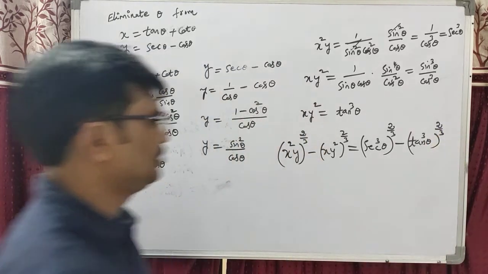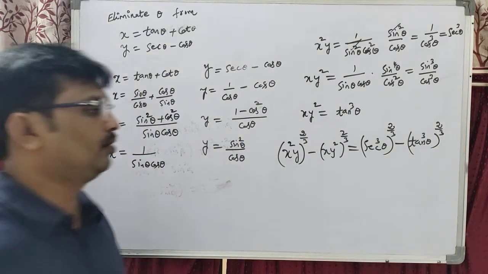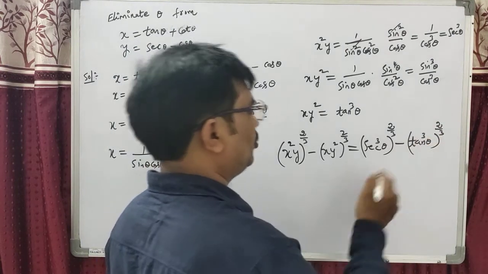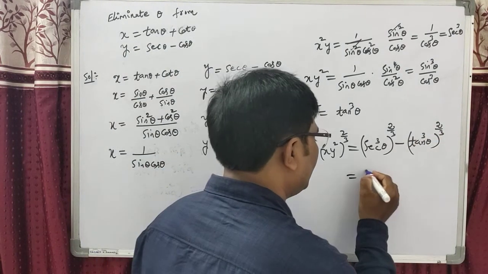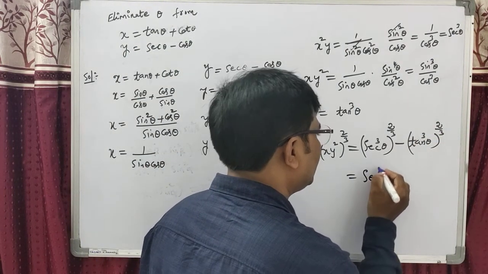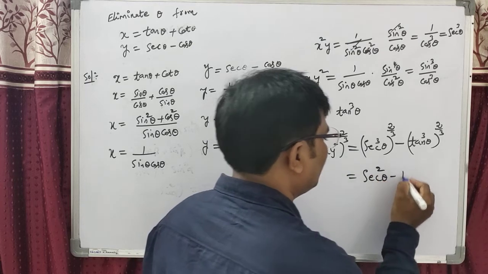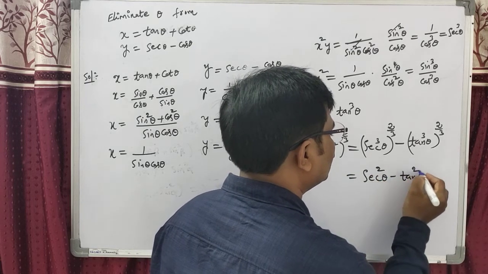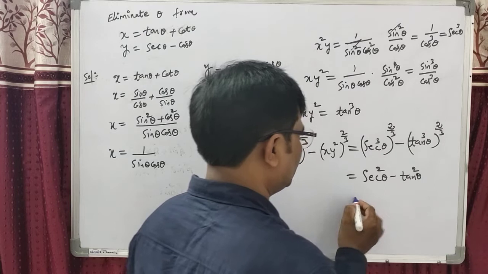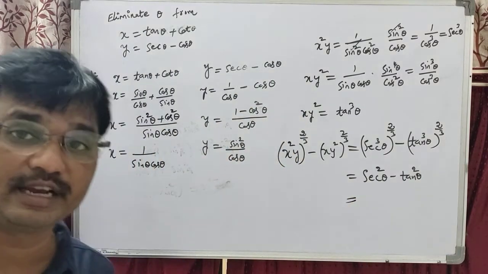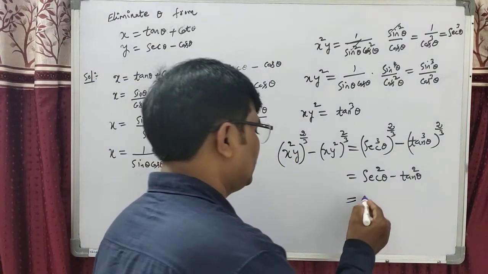Do you understand, students? This can be written as secant square theta minus tan square theta, the cube cancels. Secant square theta minus tan square theta is 1.